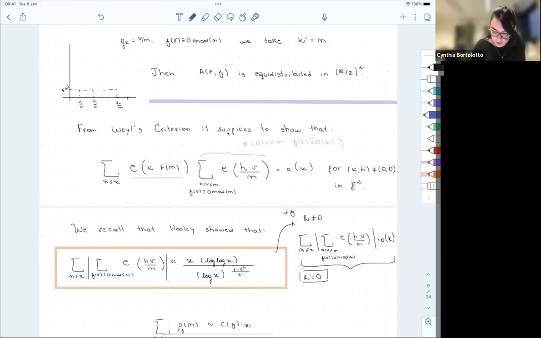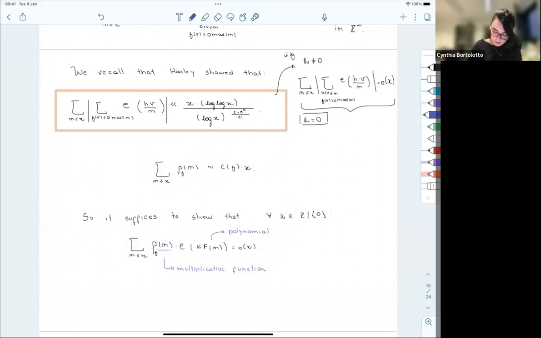And here we have this exponential sum times the number of roots, which we define to be ρ_f(n). So we have this exponential sum, and here we have a multiplicative function. Recall that F(n) is this polynomial with at least one irrational coefficient. And now we want to study this exponential sum with a multiplicative coefficient.